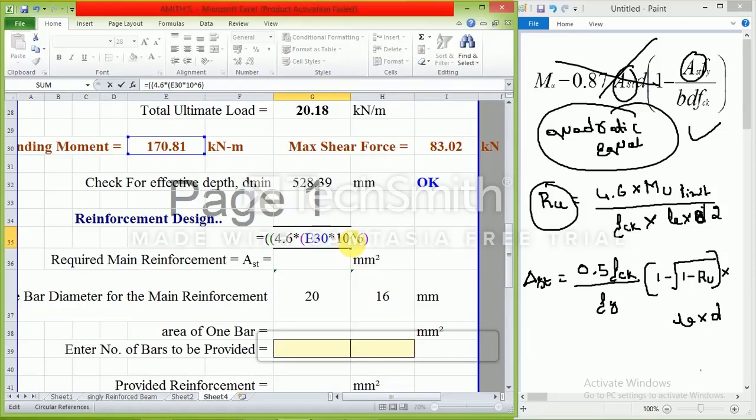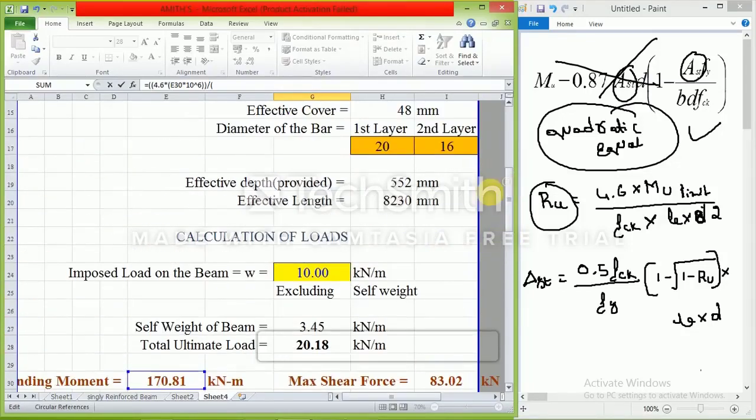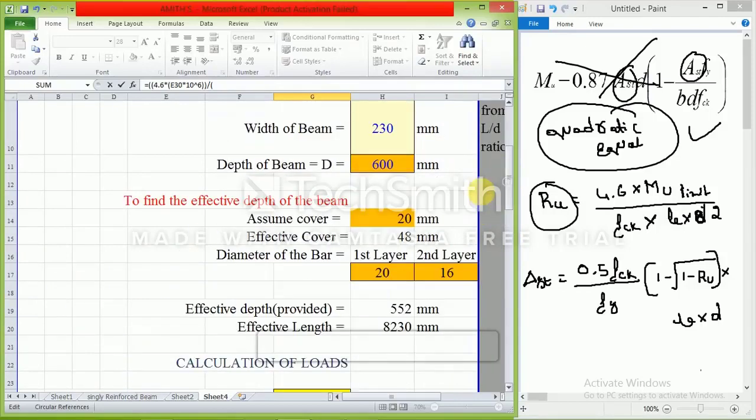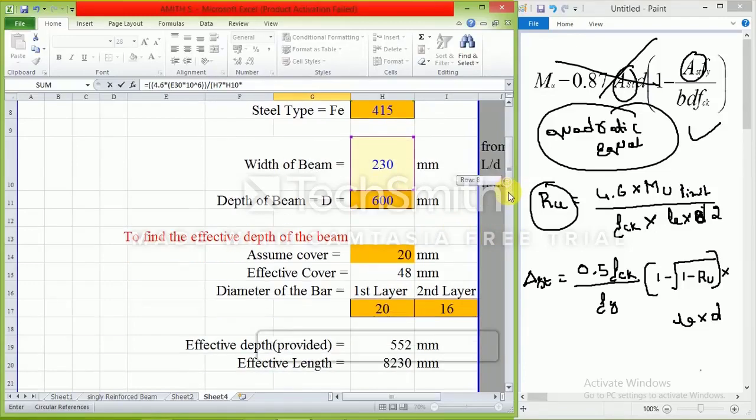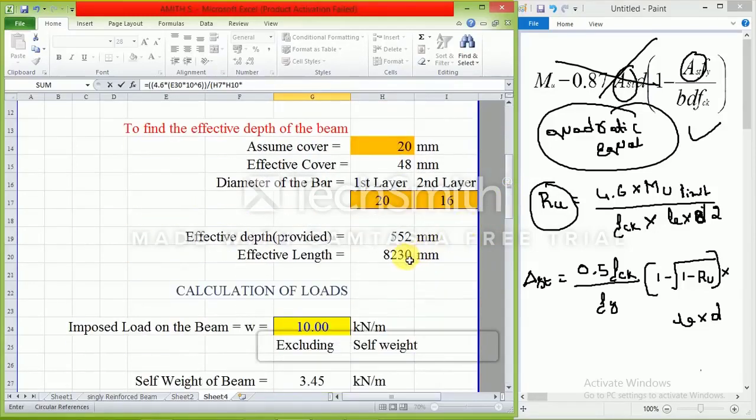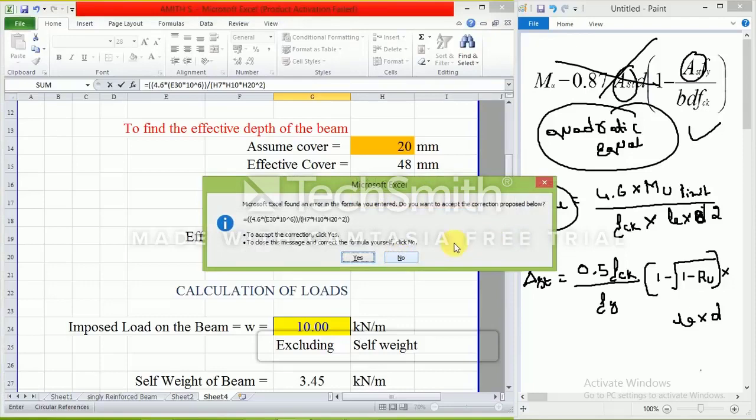Okay, divided by fck b d square. So what is fck? fck is compressive strength of concrete grade into width into d square. d square means effective depth. Where is effective depth? I'm just giving enter.